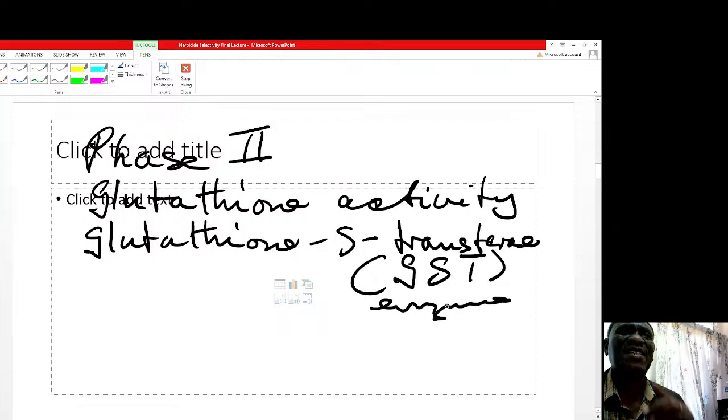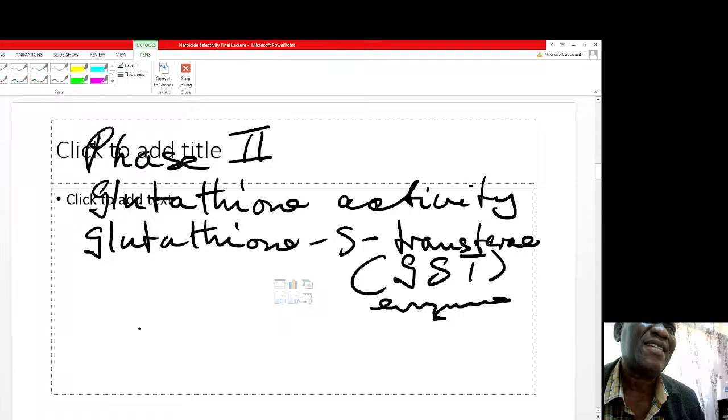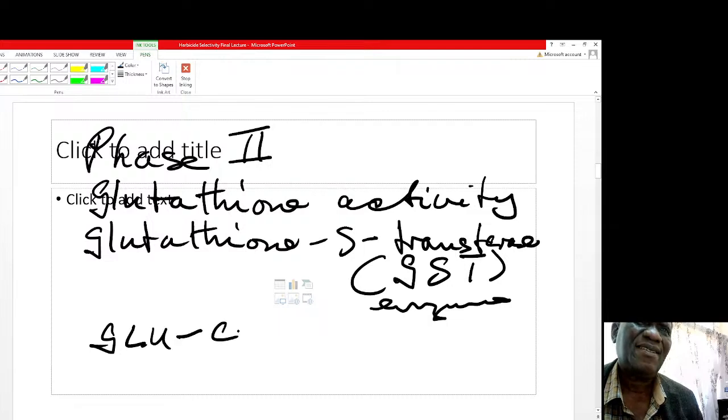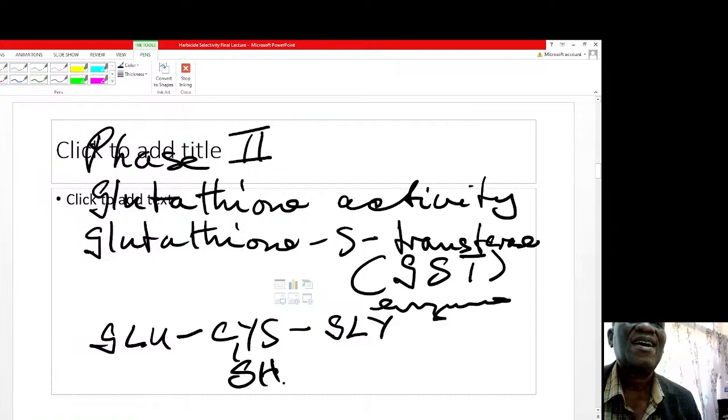So we have got two things. And the glutathione, we can represent it like glutamate, cysteine, and glycine in short. And here we have got the reacting group, the SH. So this is the glutathione.